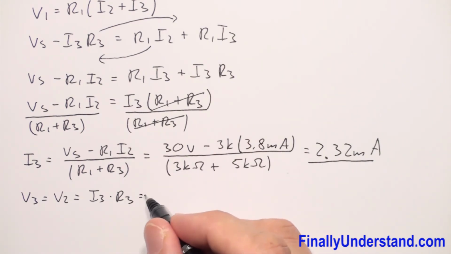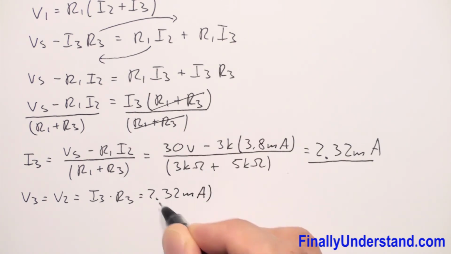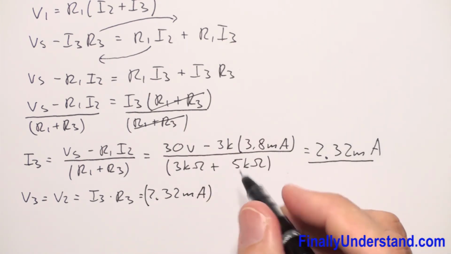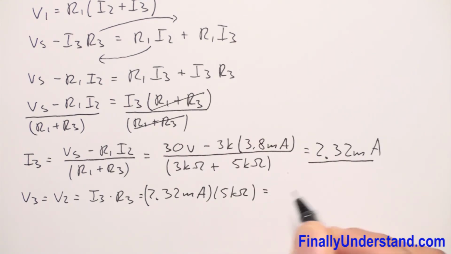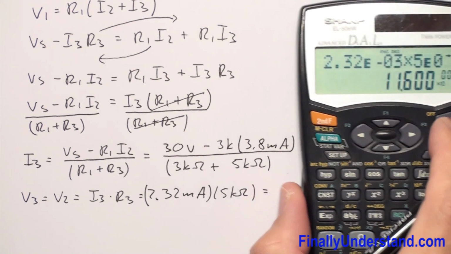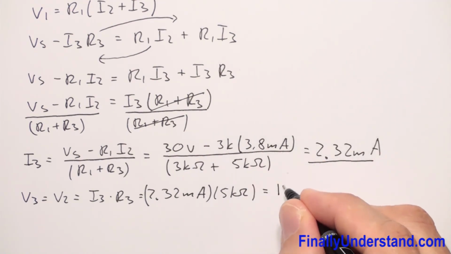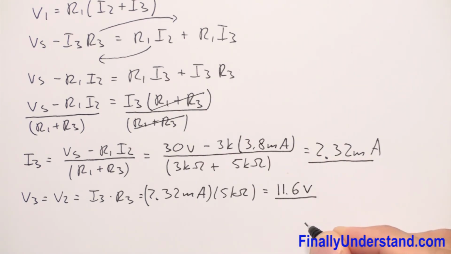I3 is equal to 2.32 milliamps times R3, which is equal to 5 kilo ohms. This is equal to 2.32 exponent negative 3 times 5 exponent 3, which is equal to 11.6 volts. So this is my V3.